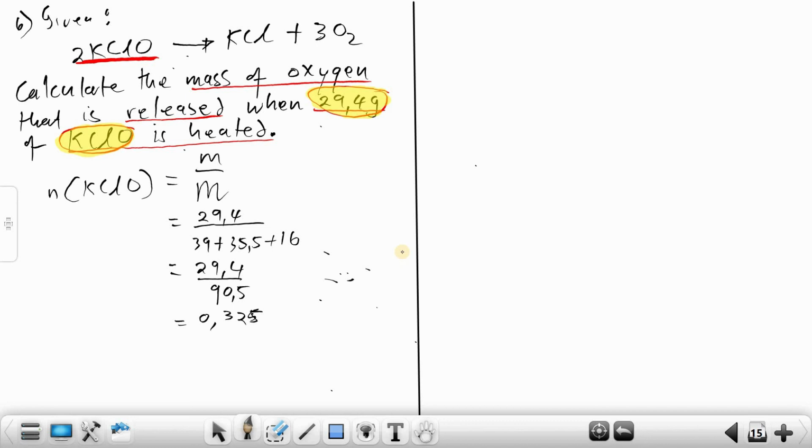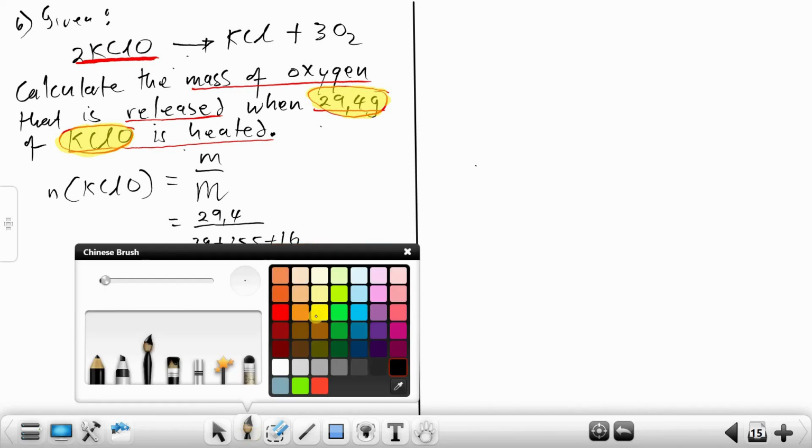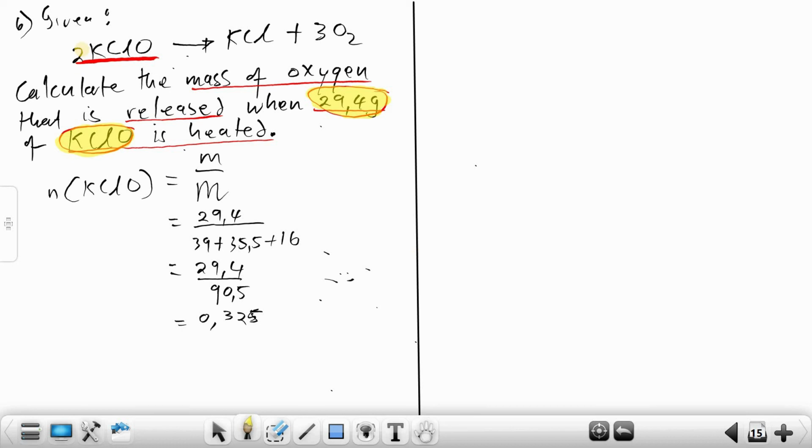It cannot be 2/2, it should be 2/3, because we are working with KClO and oxygen for that matter.